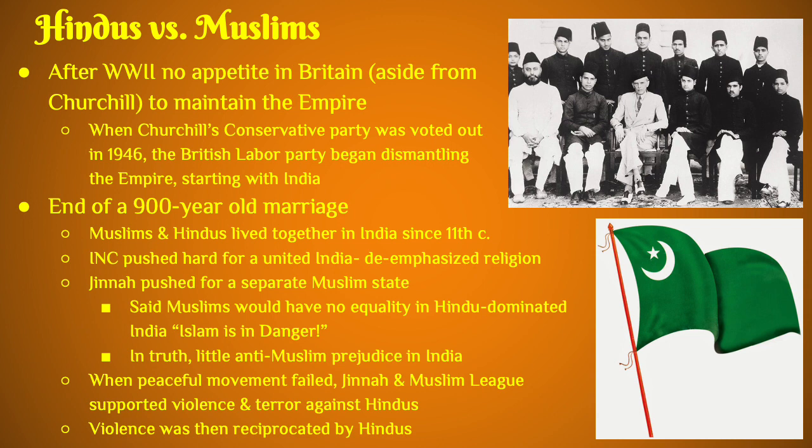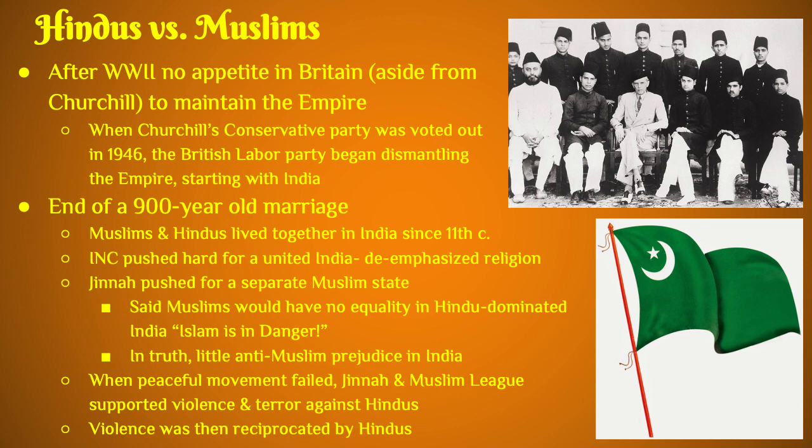He said that Muslims would never have any equality in a Hindu-dominated India, and they even had a slogan, "Islam is in danger." While in truth, there was very little anti-Muslim prejudice in India. People had their religions, but it was by and large a secular state like the United States is today.